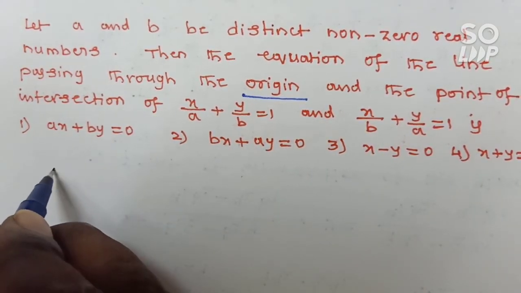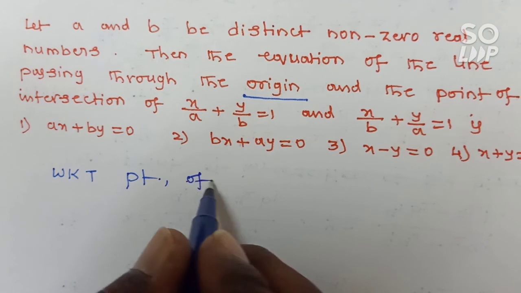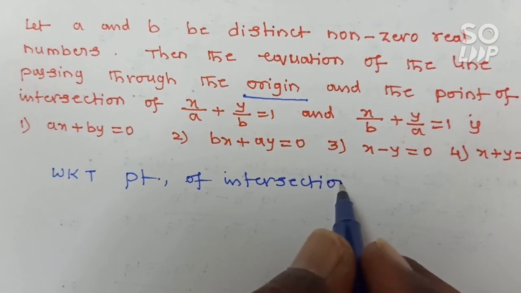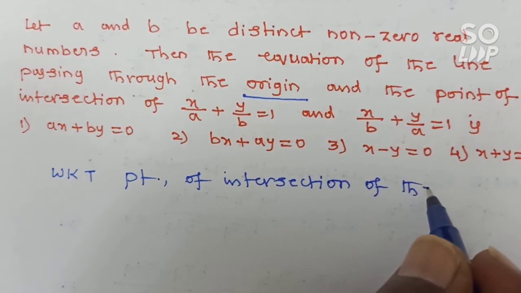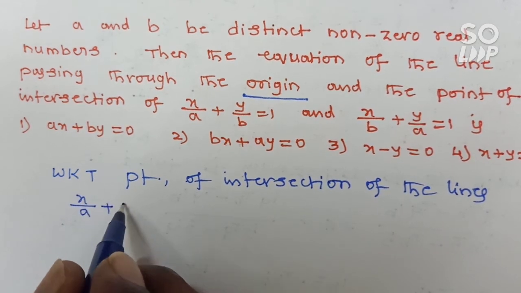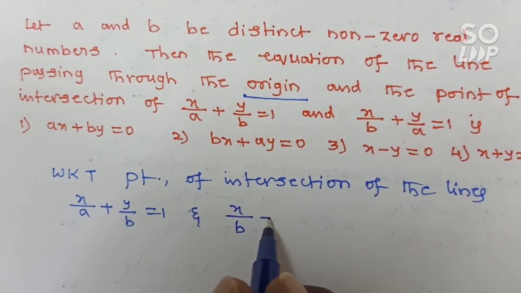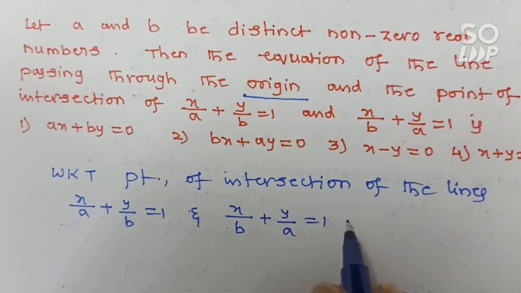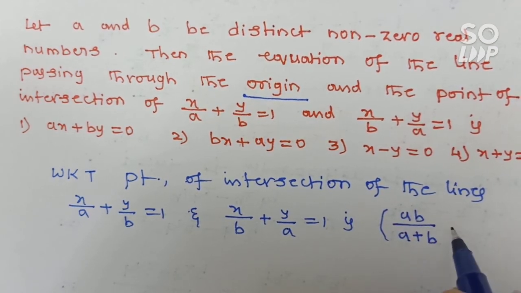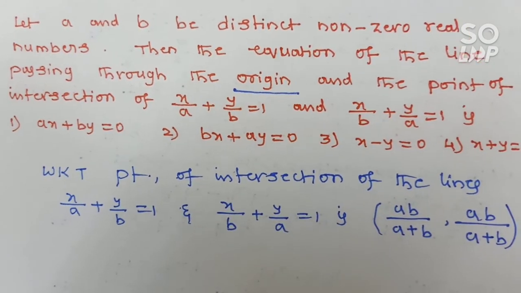So here I am writing that we know the point of intersection of the lines x by a plus y by b is equal to 1 and x by b plus y by a is equal to 1 is a into b by a plus b comma a into b by a plus b. So this is the required point, right?